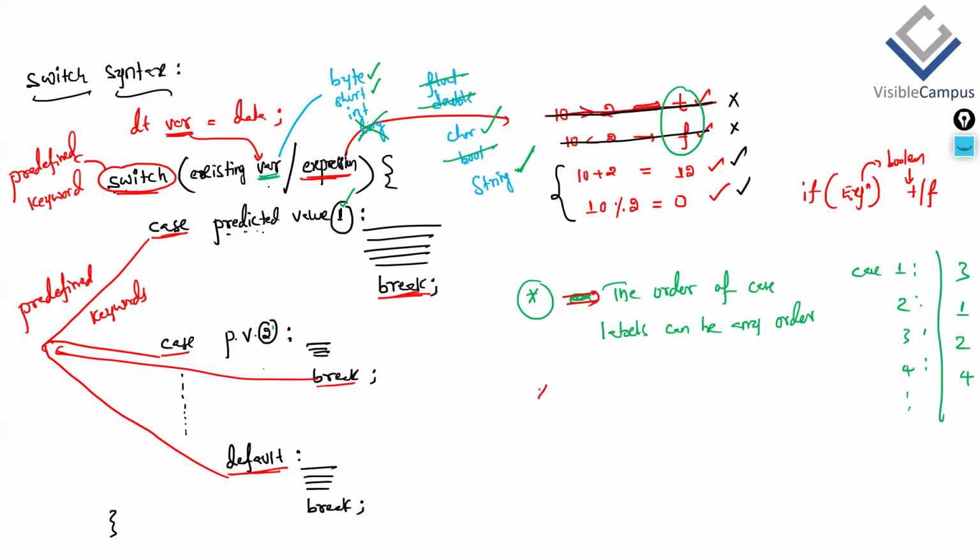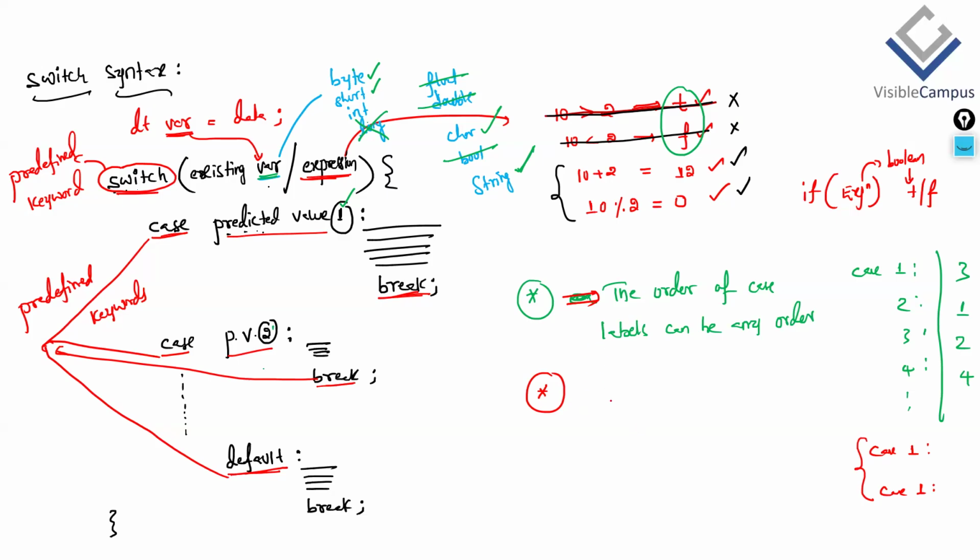The next, can we have duplicate predicted values? For example, case 1, then again case 1. Is it possible? No. Then here is JVM's confusion. If the value is 1, which case does JVM have to execute?